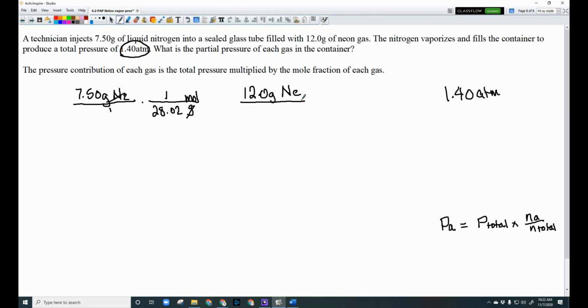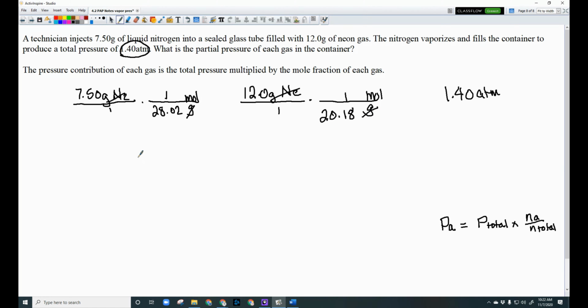Now we're going to do the same thing here, because we have to have the moles of this one as well. So grams on bottom, moles on top. 1 mole of neon is 20.18 grams. Grams cancels, leaving you with the moles.